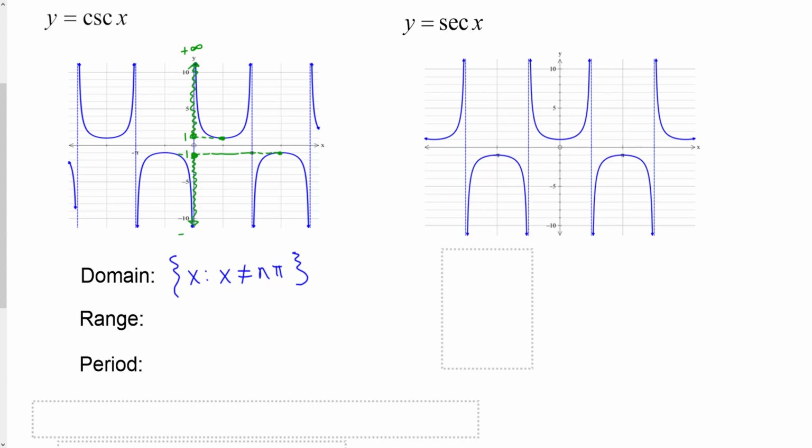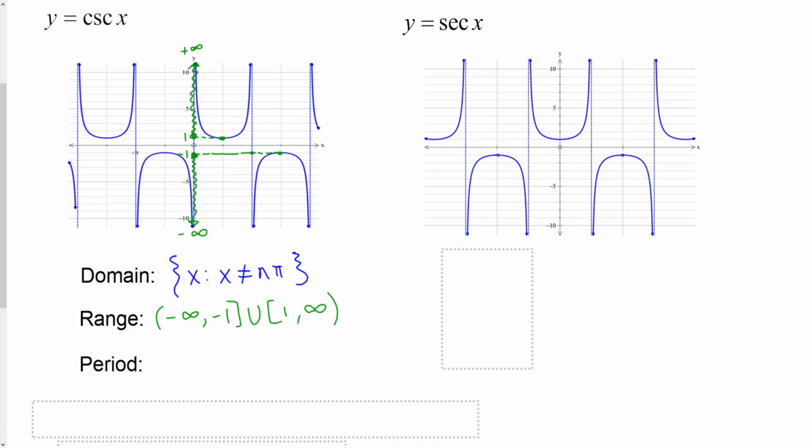So all the way down to negative infinity. But there would be a gap between negative 1 and positive 1. So the range here is from negative infinity up to negative 1, but it includes negative 1, and then it goes from positive 1 up to positive infinity.